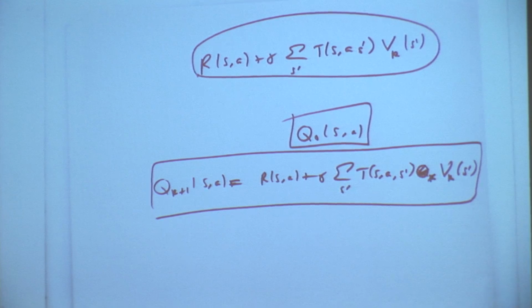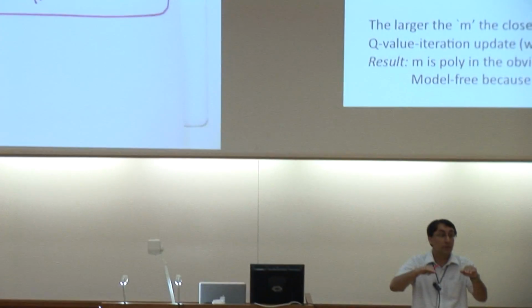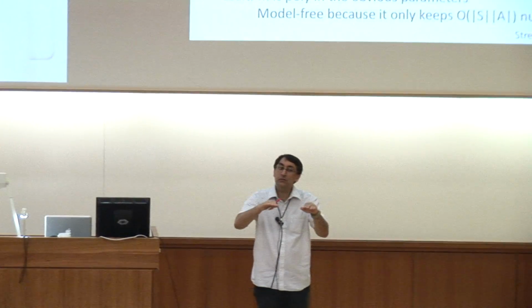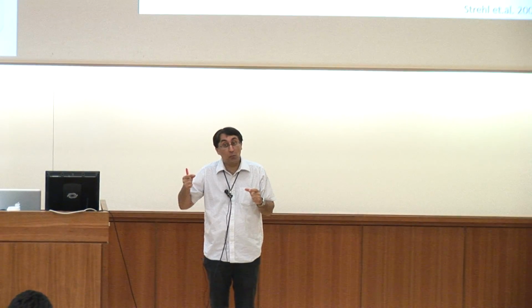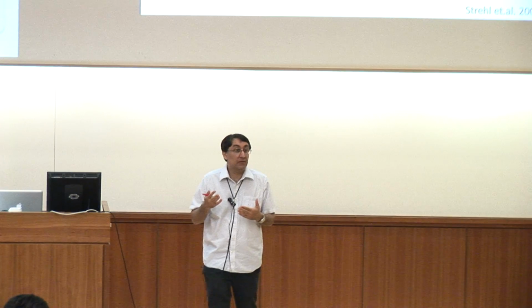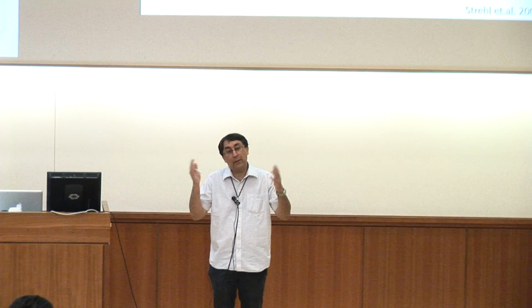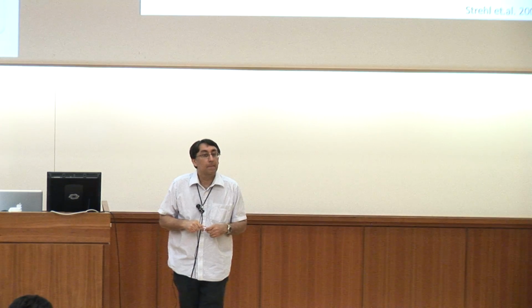So I started optimistically. I didn't do the exact Q value iteration backup, which if I had done, I would have remained optimistic. But I did something very close to it by picking m large enough and by adding this epsilon 1 to make sure that I am staying optimistic with high enough probability. Remember, I'm getting a PAC-style result, so I'm getting a result with some 1 minus delta probability.